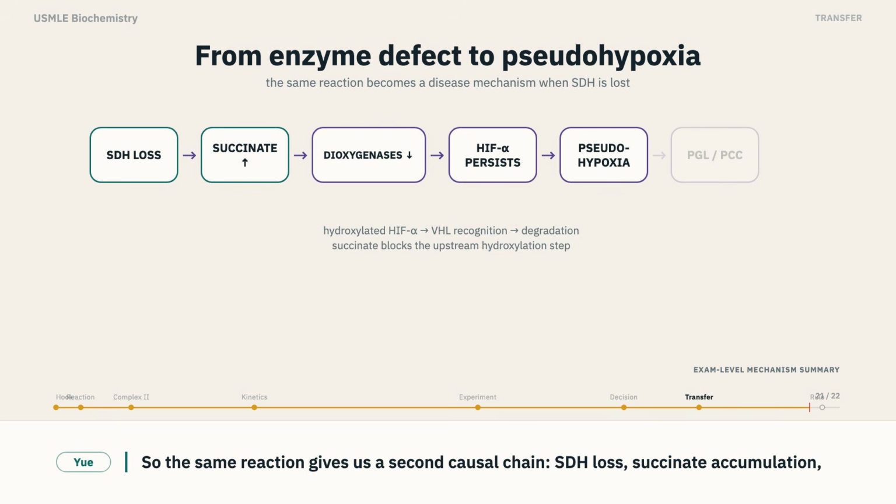So the same reaction gives us a second causal chain. SDH loss, succinate accumulation, dioxygenase inhibition, altered HIF and epigenetic regulation, then tumor predisposition.